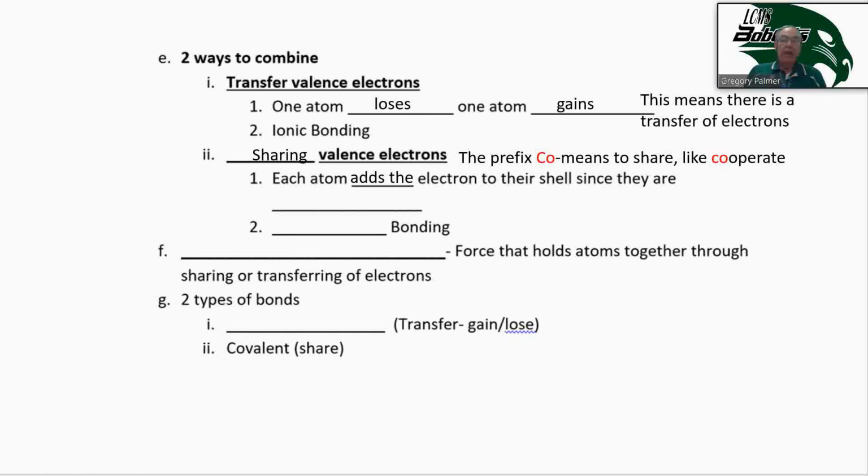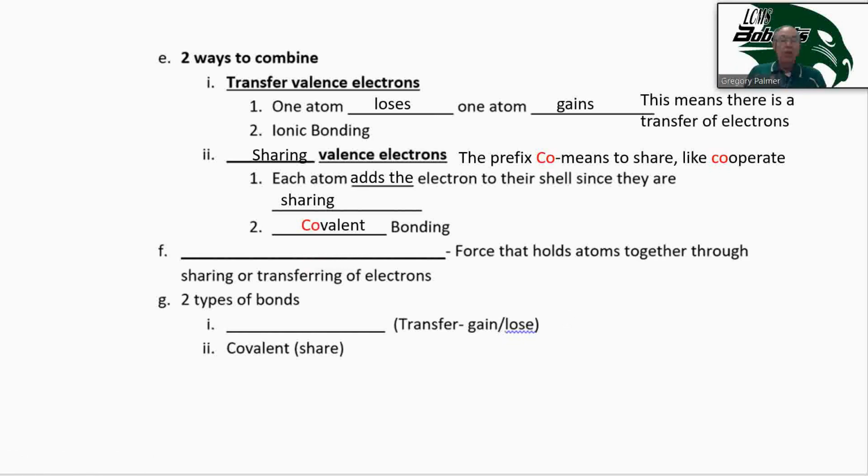Each atom adds the electron to their outer energy level since they are sharing. If we share something, during the time that we're sharing it, it belongs to me and it belongs to you because we're sharing it. Like if we shared a pen, I would use it and you would use it, and we would both consider it something that belongs to us that we're allowed to use.